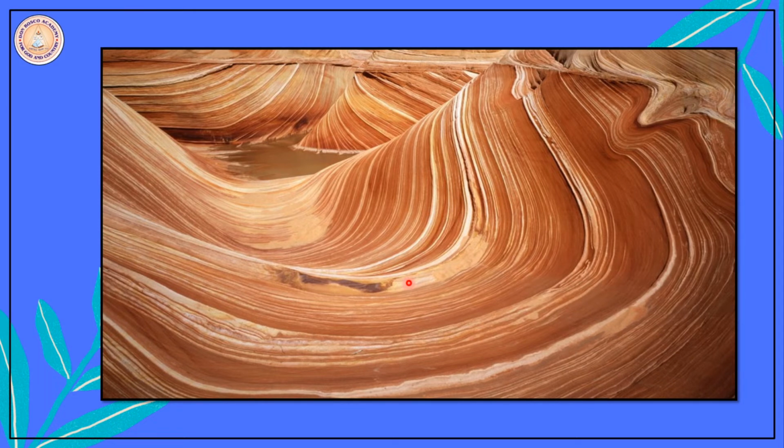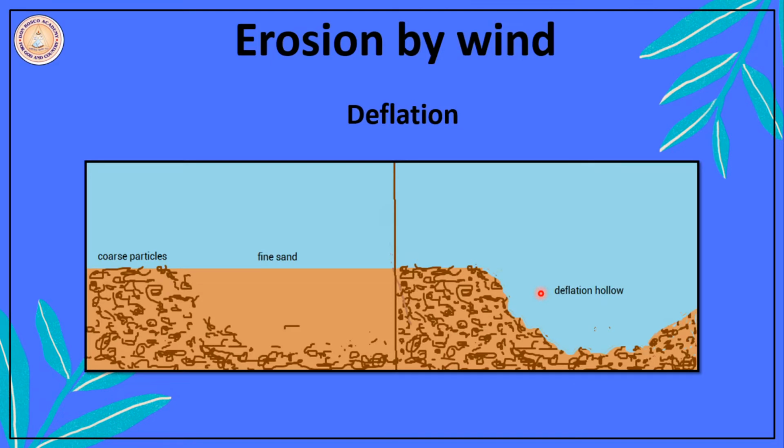Now let us learn what are the ways by which wind does the work of erosion. Now, erosion by wind includes deflation. Now, what do you mean by this term deflation?